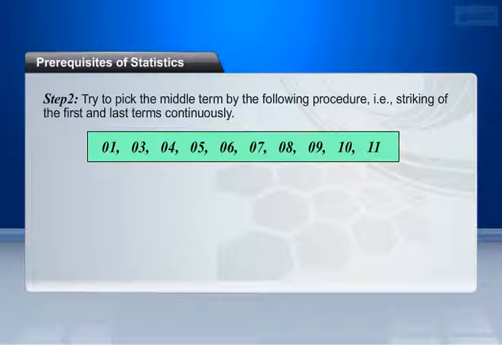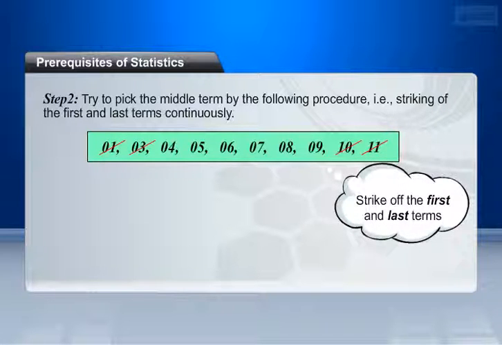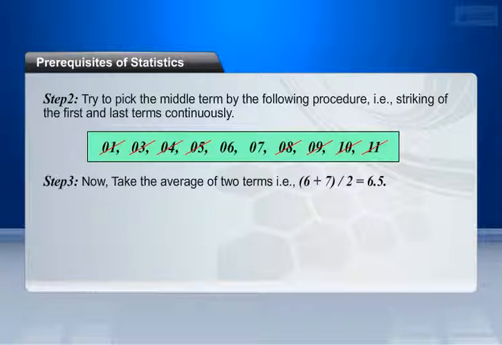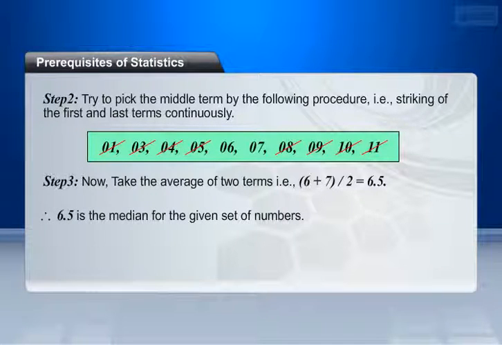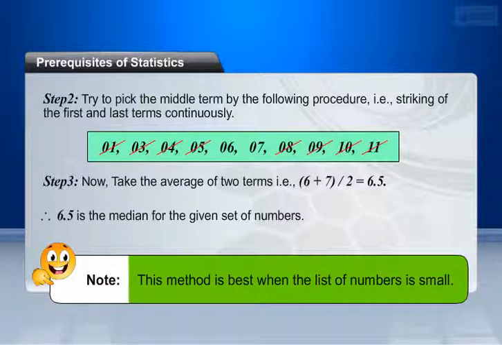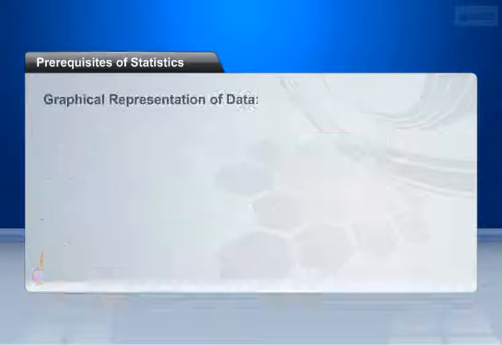Try to pick the middle term by the following procedure, that is, striking off the first and last terms continuously. Step 3. Now, we are left with two terms, that is, 6 and 7, so we need to take the average of two terms. That is, 6 plus 7 by 2 equals 6.5. Therefore, 6.5 is the median for the given set of numbers. Please note that this method is best when the list of numbers is small.